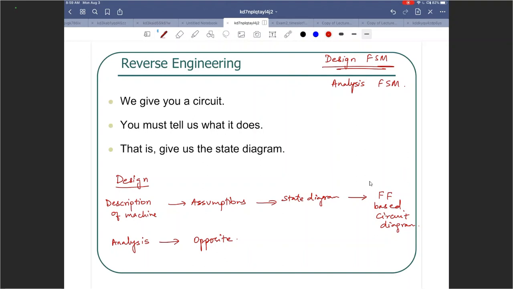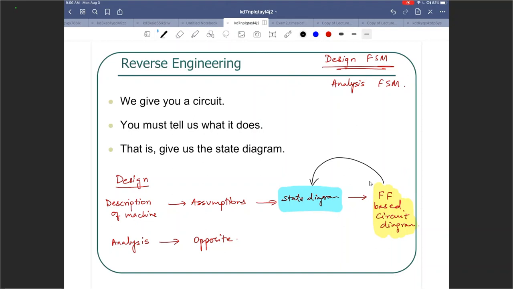Which means we are going to be given a flip-flop based circuit diagram, and we are going to at least be able to sketch the state diagram. So we are going to go in reverse manner, this to this. And once you are in the state diagram, if you observe things very critically, then you might be able to comment about what that finite state machine is doing.